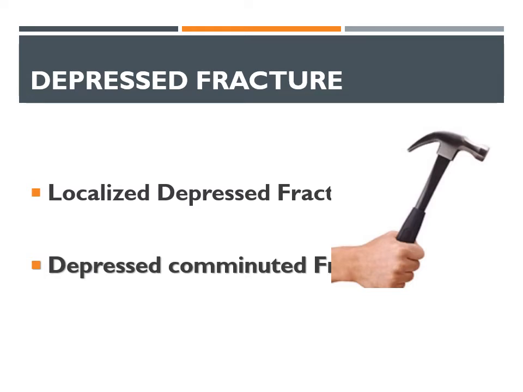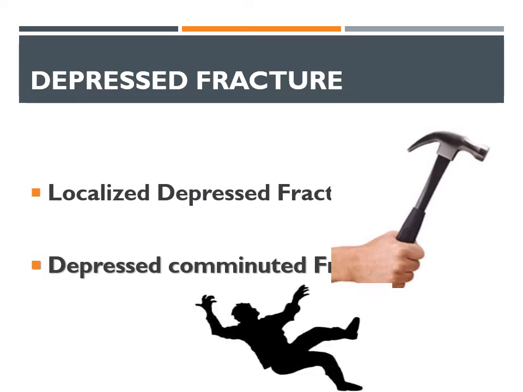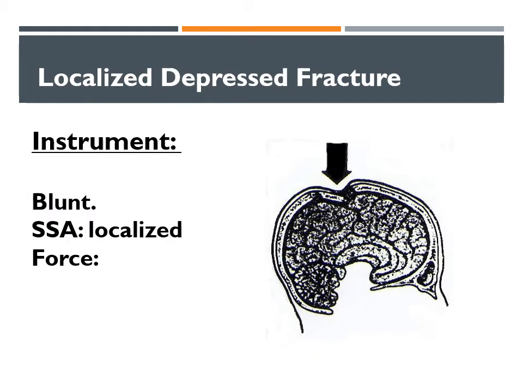Number 2 is depressed comminuted fracture, which is caused by a wide striking surface area or wide blunt instrument. First is localized depressed fracture, which is caused by a blunt instrument with localized striking surface area, and the force may be low, moderate, or severe.